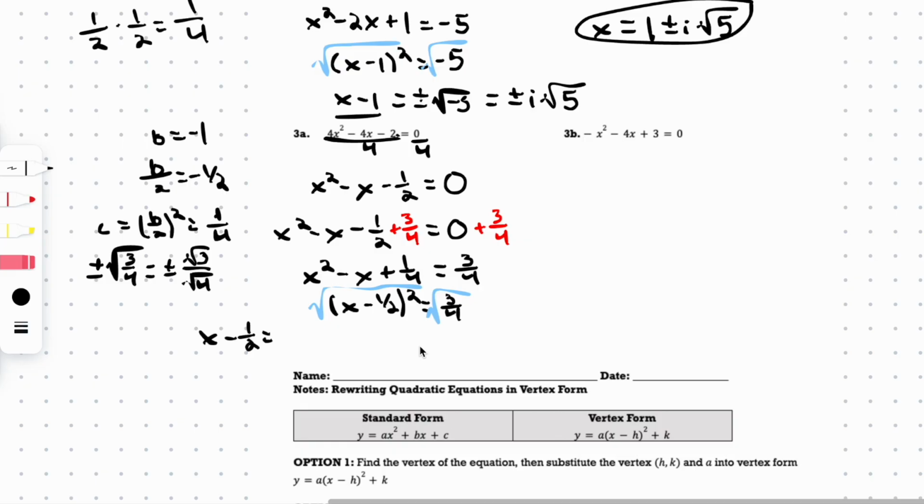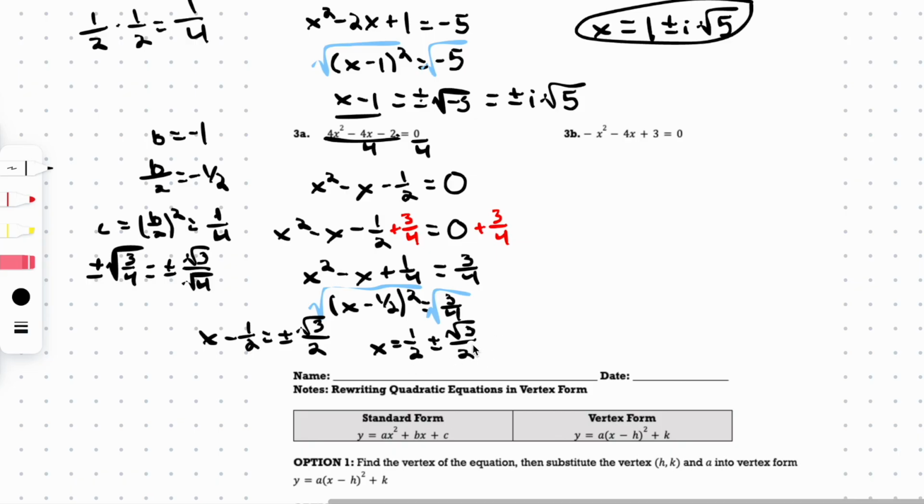And we know that from our exponent rules, radical rules, whatever. And root 4 is just going to be equal to 2. So I'm going to rewrite this as plus or minus root 3 over 2. So x, when we add 1/2 to both sides, x will equal 1/2 plus or minus root 3 over 2.